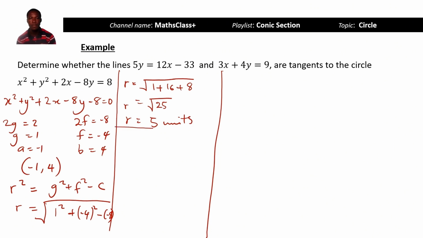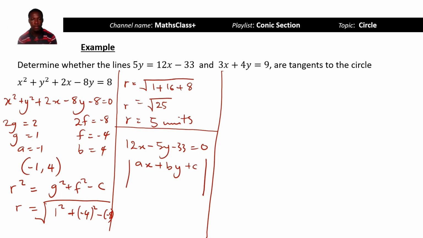Okay, so with the radius found, I'm going to compare the length between the line and the center. So I take the first line, and I will rewrite the line as 12x minus 5y minus 33 equal to 0. Okay, so I'm putting that into the formula. That is ax plus by plus c in absolute value divided by root of a squared plus b squared.